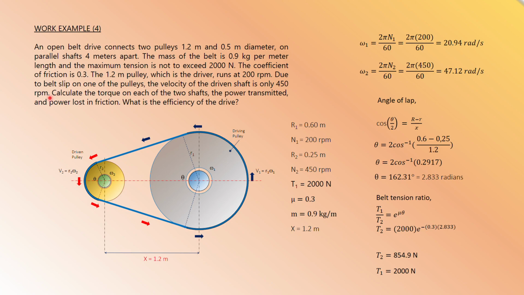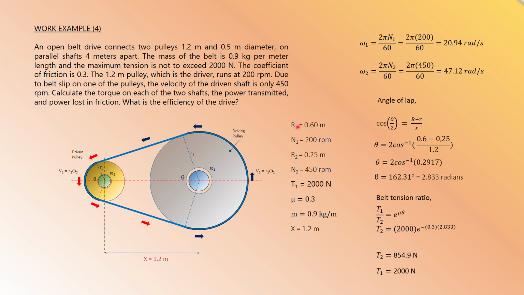So the driven smaller pulley is rotating at 450 RPM. Now calculate the torque on each of the two shafts, the power transmitted and the power loss in friction. What is the efficiency of the drive?